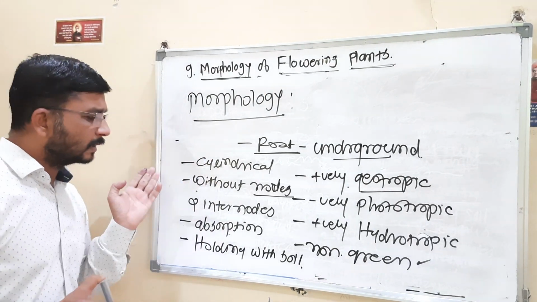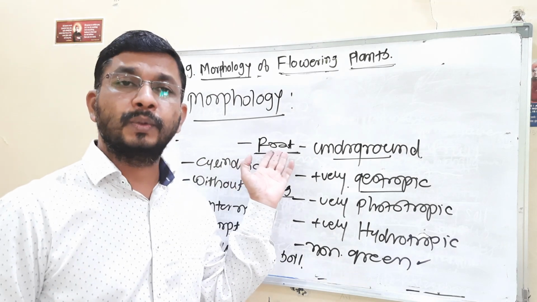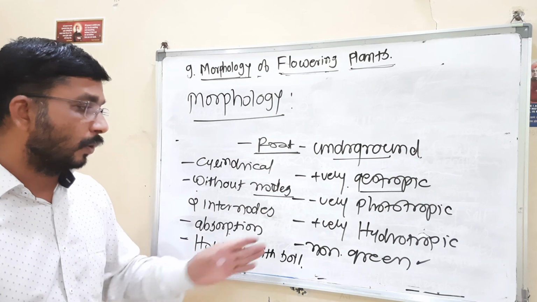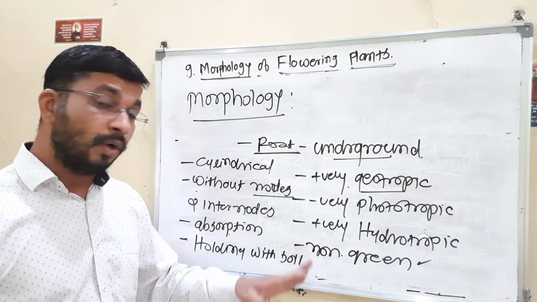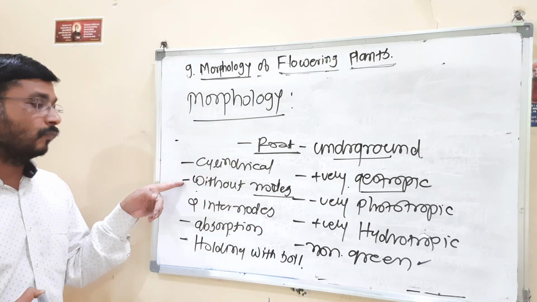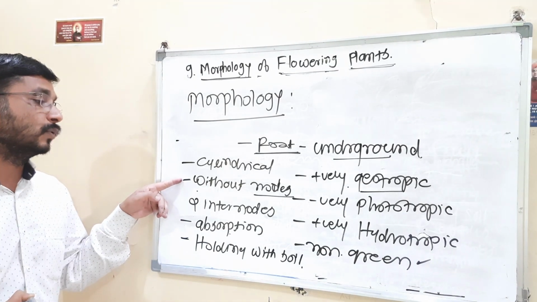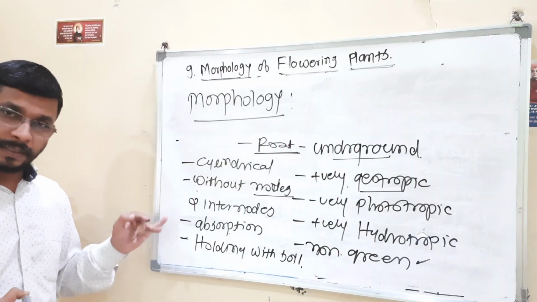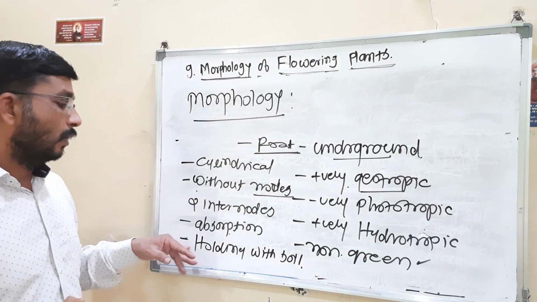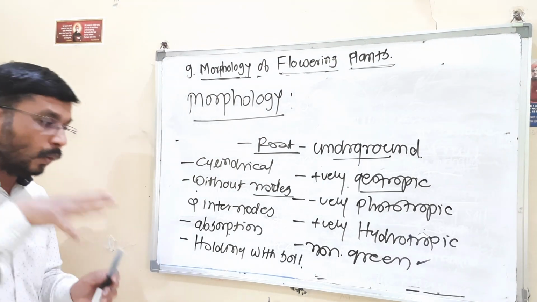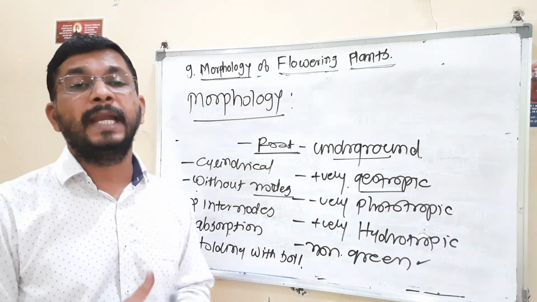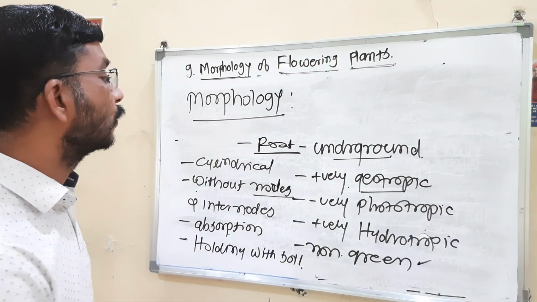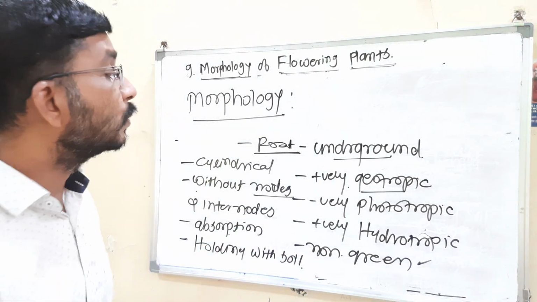All these things are under the root. We find the root is underground, positively geotropic, negatively phototropic, positively hydrotropic, non-green, cylindrical, with absence of nodes and internodes. They carry out the functions of absorbing water and minerals, and holding the plant in the soil to stand erect. Then we discuss the typical root system, that is, typical root structure.